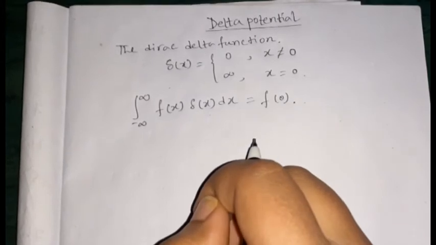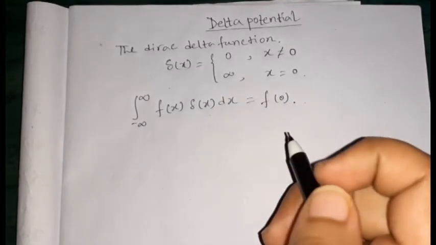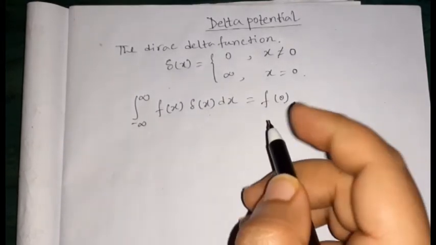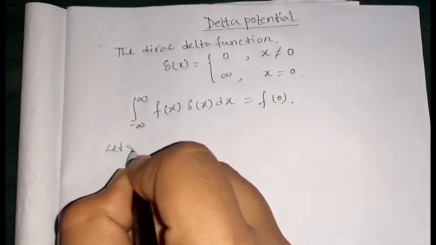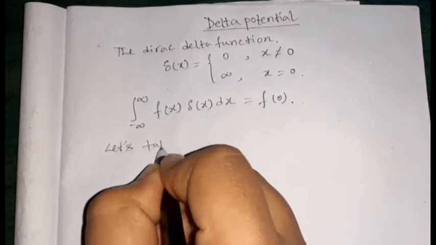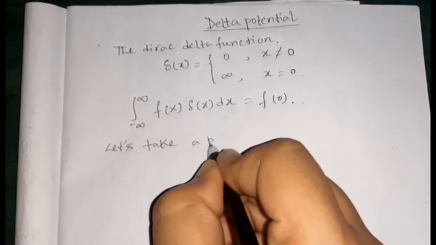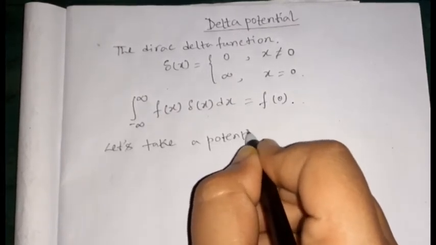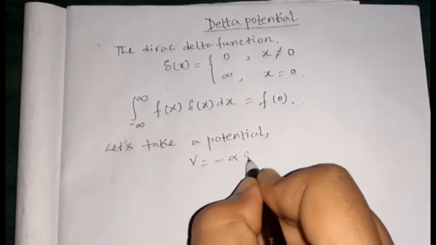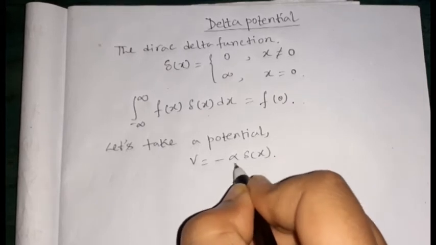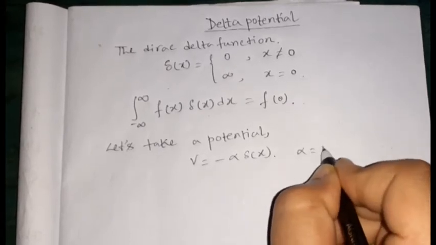So now we are going to solve the Dirac delta function potential. So let's take a potential V equal to minus alpha δ(x), where alpha is a constant.